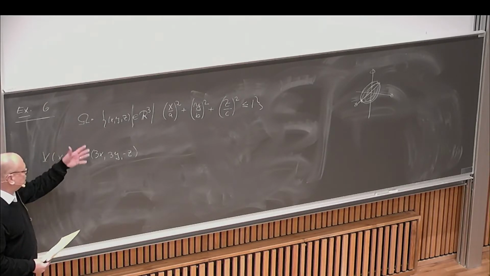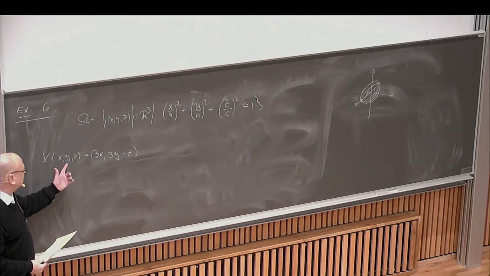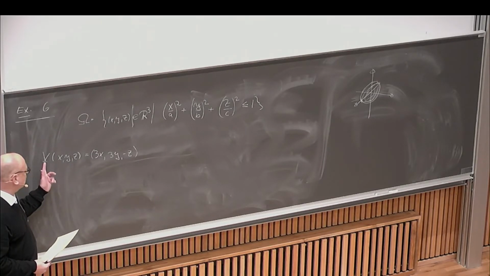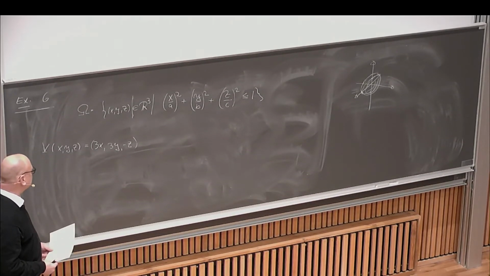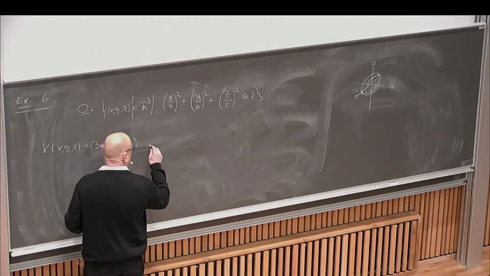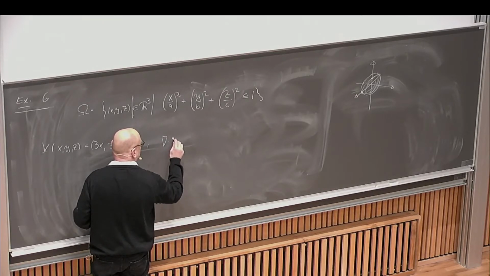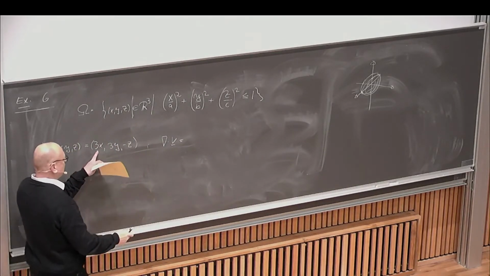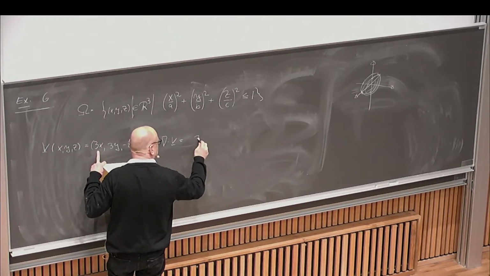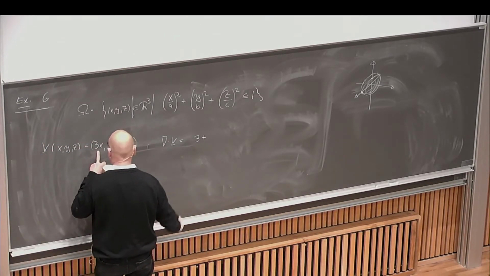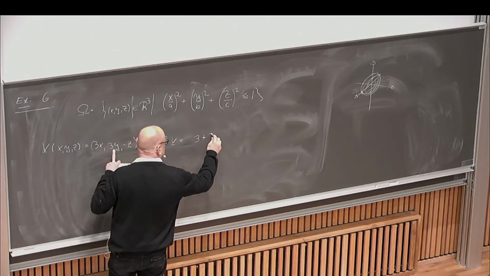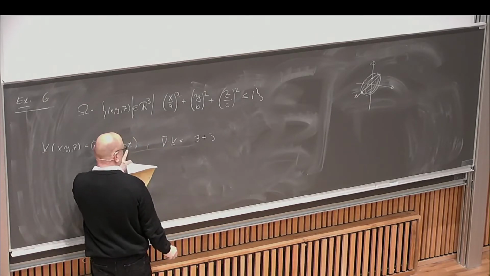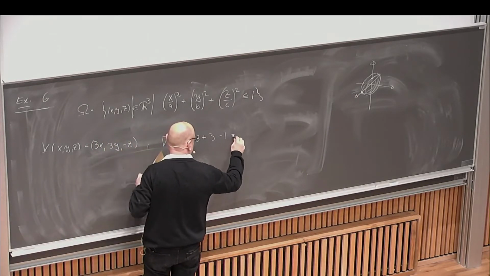So when you look at something like this, try and look at this vector field here, because that looks simple. Let's try to calculate the divergence of your vector field. So I should differentiate with respect to x, 3 plus 3, and then minus 1.